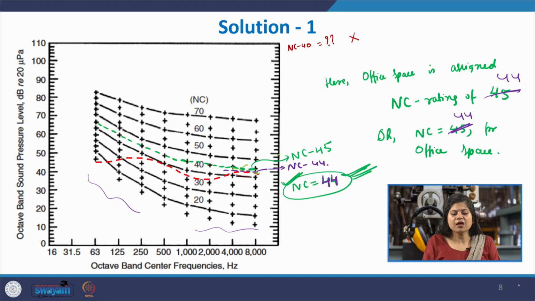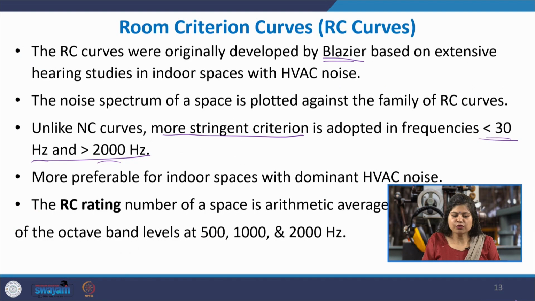So in the RC curve they adopt a more stringent criterion in these frequency ranges too, because it is an indoor environment with a lot of structural elements: the walls, roof panels, and the various inside panels. These structural elements usually have their fundamental vibration frequency at a lower frequency range.